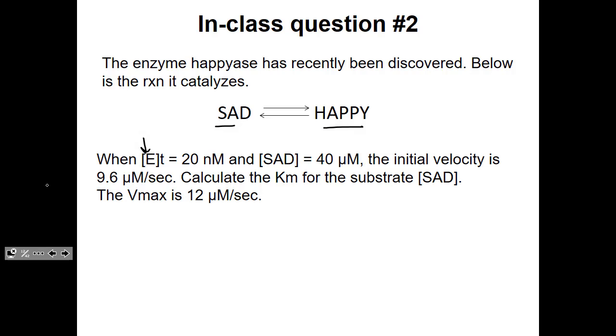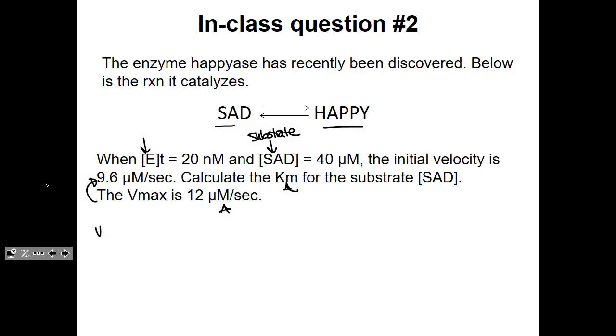It gives you an enzyme total concentration of 20 nanomolar, your substrate concentration, which is SAD, is 40 micromolar, and the initial velocity is 9.6 micromole per second. It's asking you to calculate the Km of the substrate SAD, and it provides you with the Vmax.